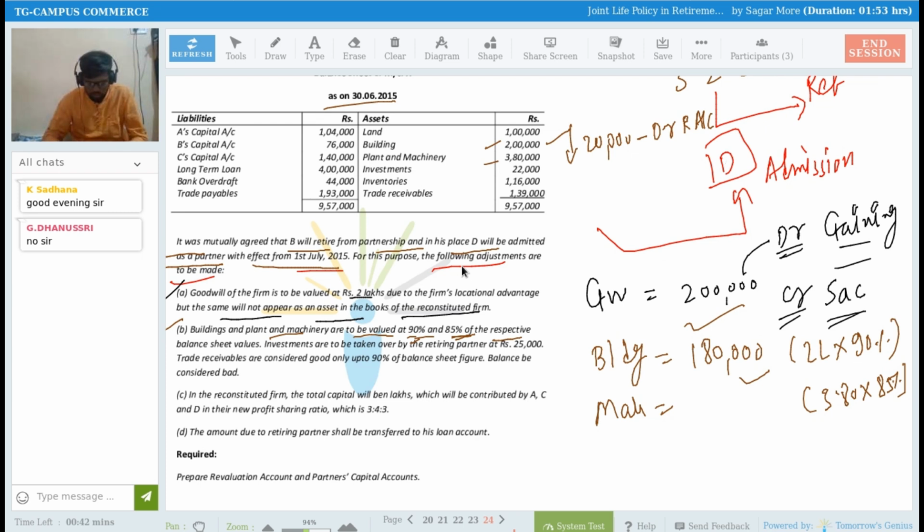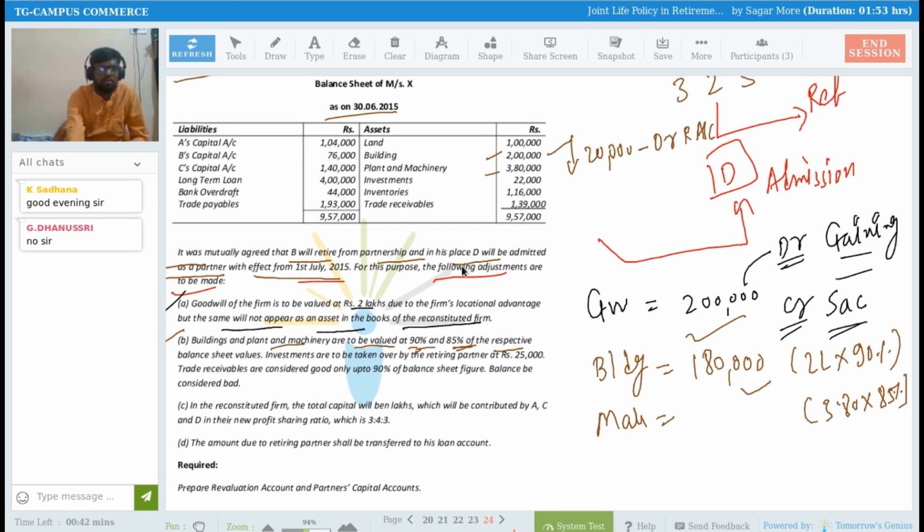Are you solving it? Are you getting it? 3,80,000 rupees multiplied by 85%. I am getting answer 3,23,000. I hope you are solving.